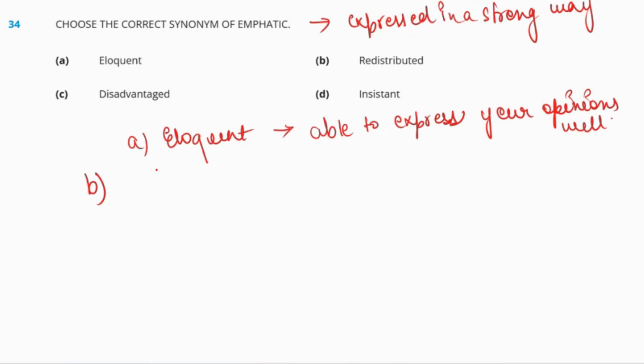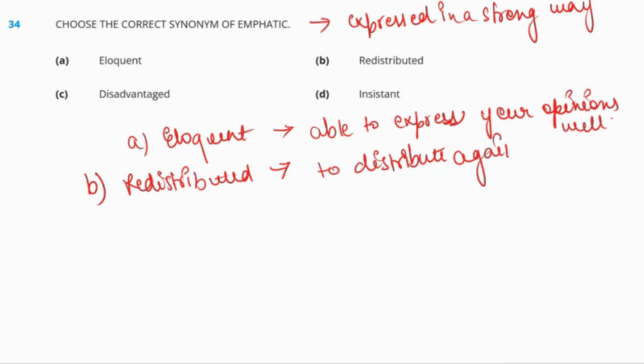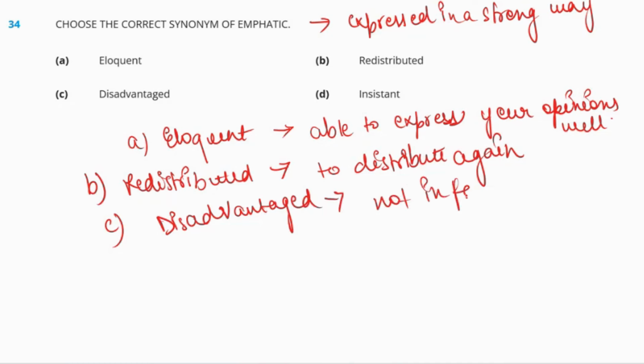So we all know what redistributed means. Redistributed means to distribute again. Next is option C, disadvantaged. So disadvantaged means something that is not in our favor. And the last one is insistent. Okay.